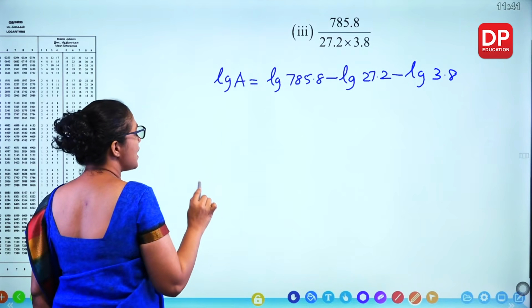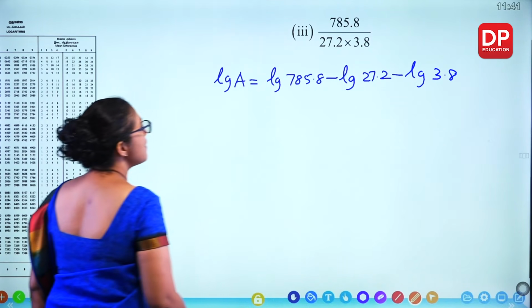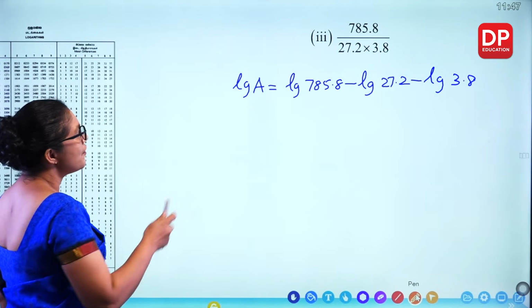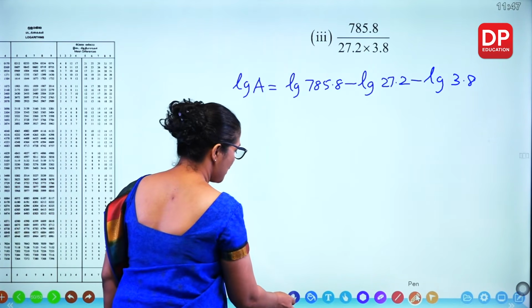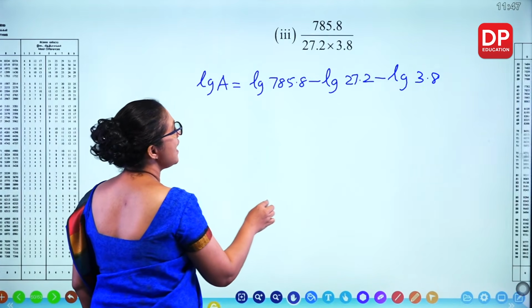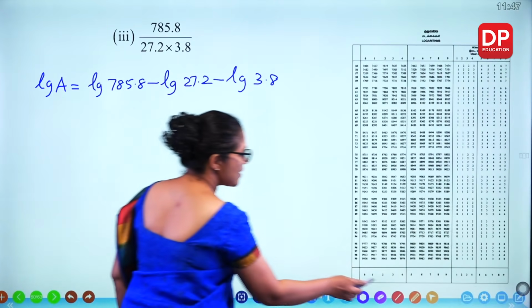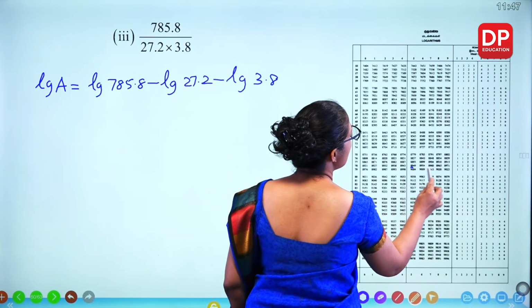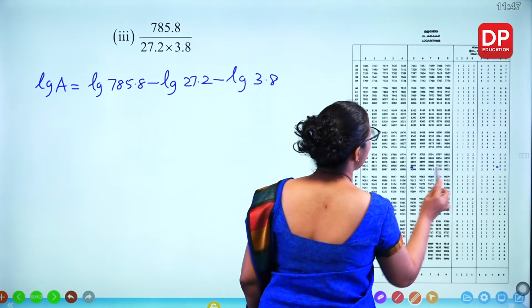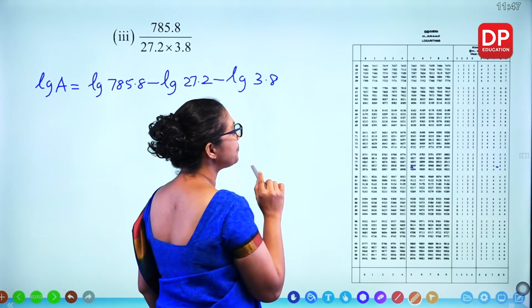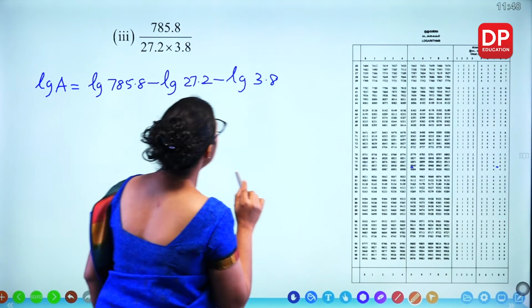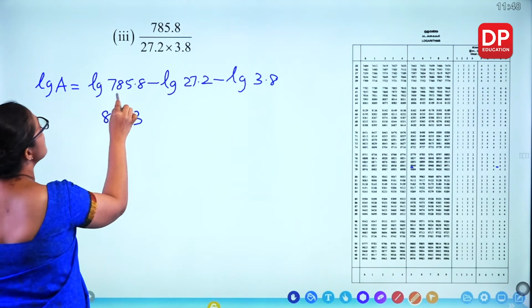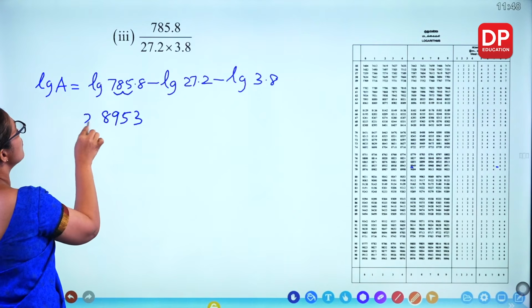Now we'll refer to the table. 7858. 8 is 4. So adding 4 to that, 8953. What's the characteristic? 2.